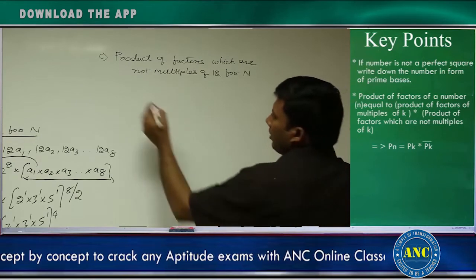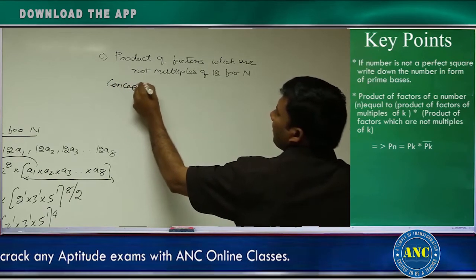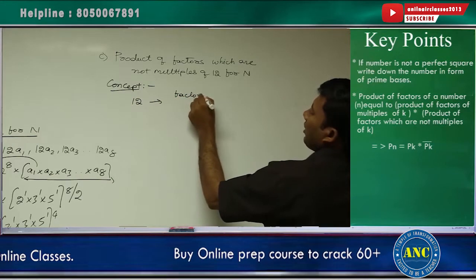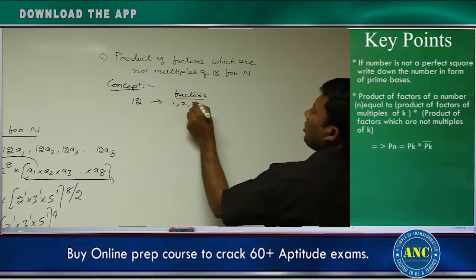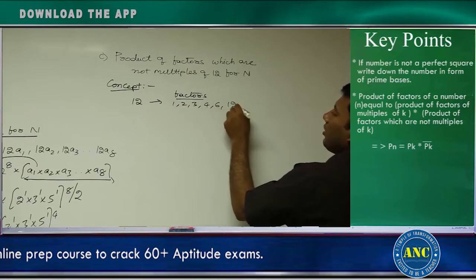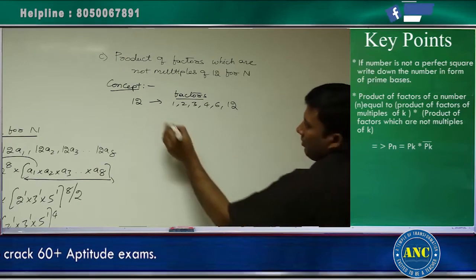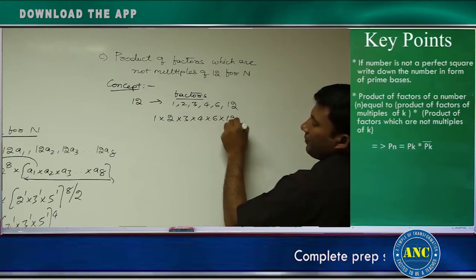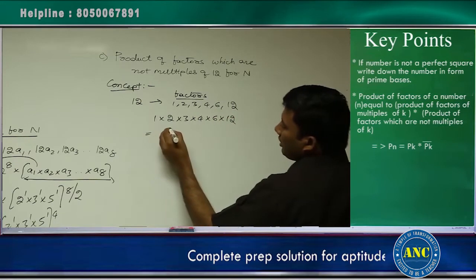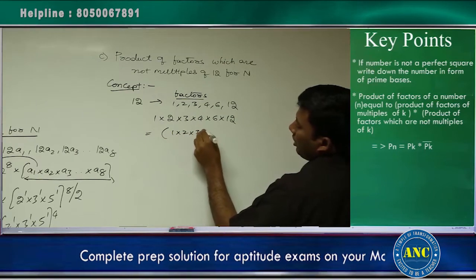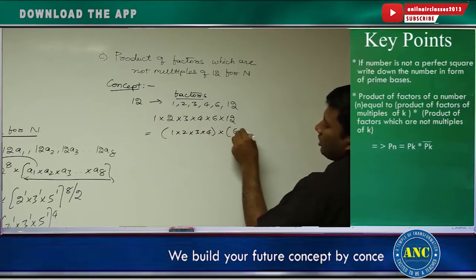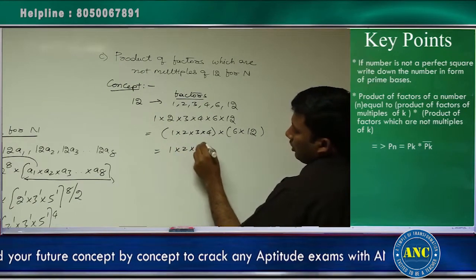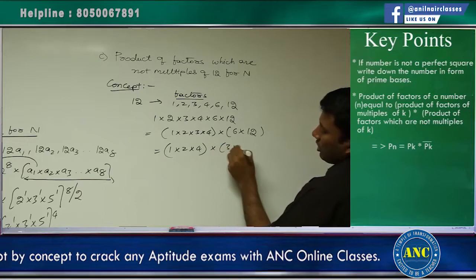See this one concept. Suppose 12 is there. What are the factors of 12? Factors of 12 will be 1, 2, 3, 4, 6, 12. Now we have to multiply all this: 1 into 2 into 3 into 4 into 6 into 12. Can I also write it like this? 1 into 2 into 4 into 3 into 6 into 12.